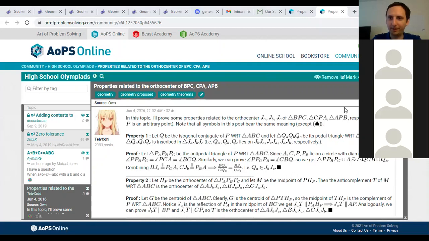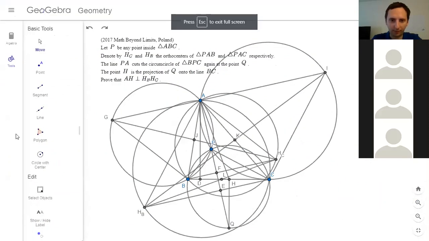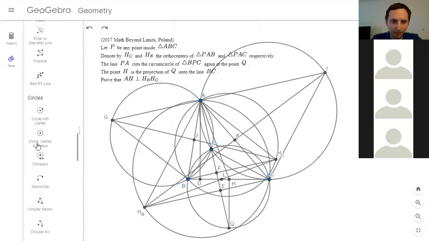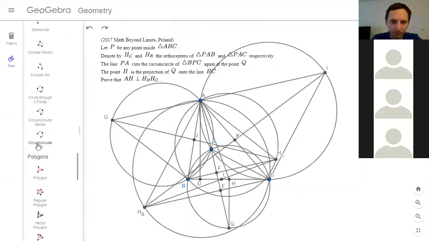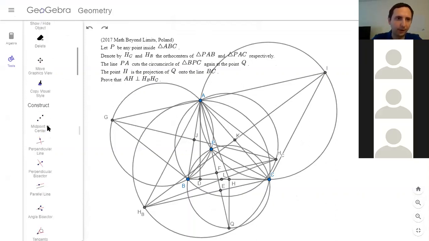Yeah, so it looks pretty related, doesn't it? So you have the three orthocenters. So yeah, let's draw the isogonal conjugate of Q and then draw its pedal triangle. Okay, so I'm going to do that. Let's draw the isogonal conjugate of P. I'm going to cheat just because I'm lazy. Here's how I'm going to draw the isogonal conjugate.